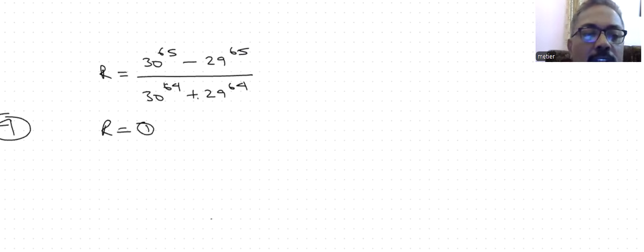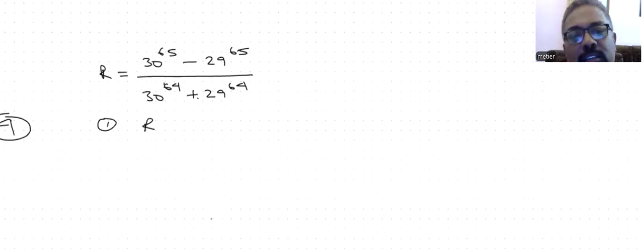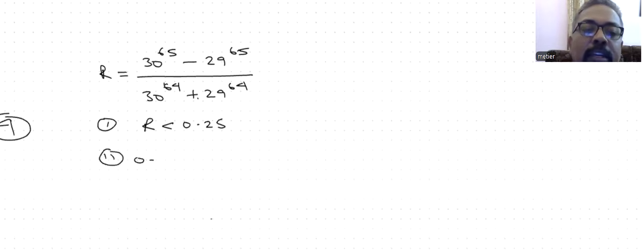Better to write down in this way. Option 1, R is less than 0.25. Second, R is in between 0.25 and 0.5.